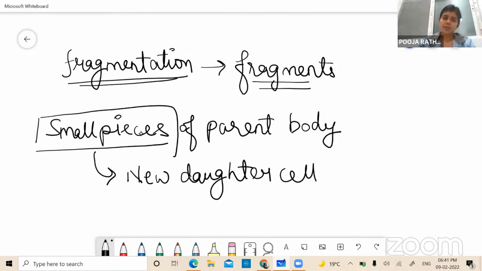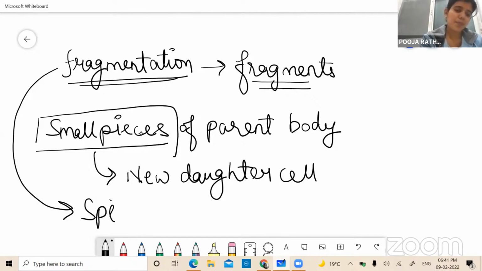This is called fragmentation. An example of fragmentation is Spirogyra.